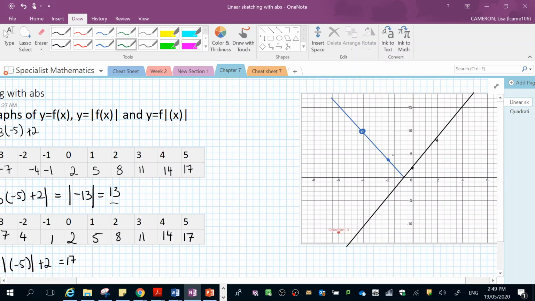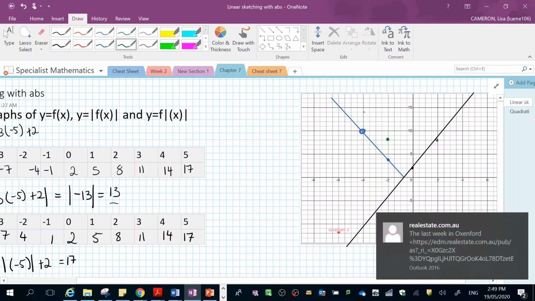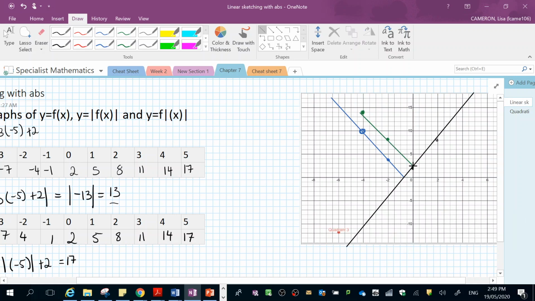So when x is negative 2, y is 8, which will be about here. And when x is negative 4, y is 14. So that's about there. Now if I join these two with a straight line, you'll see what effect this has on our graph now. And we'll see when we hit straight through at that point.